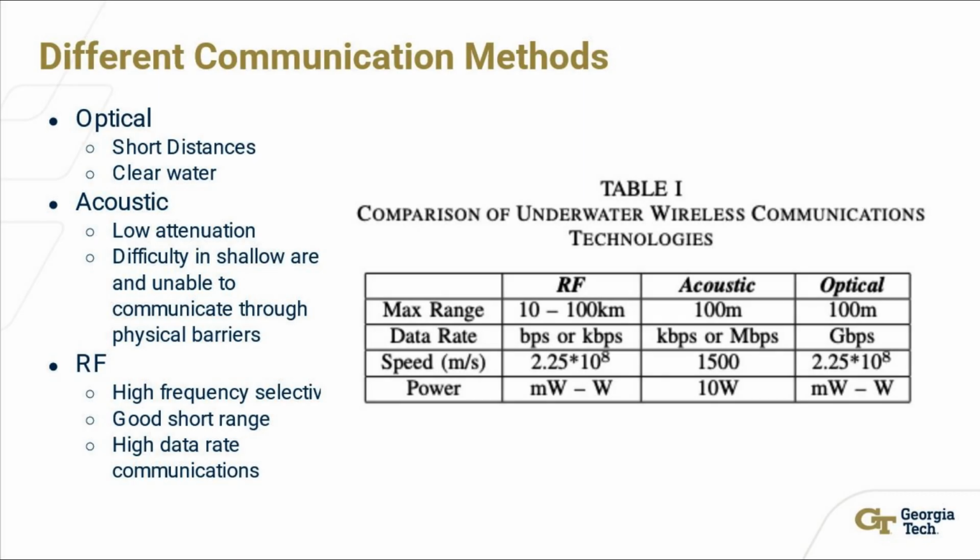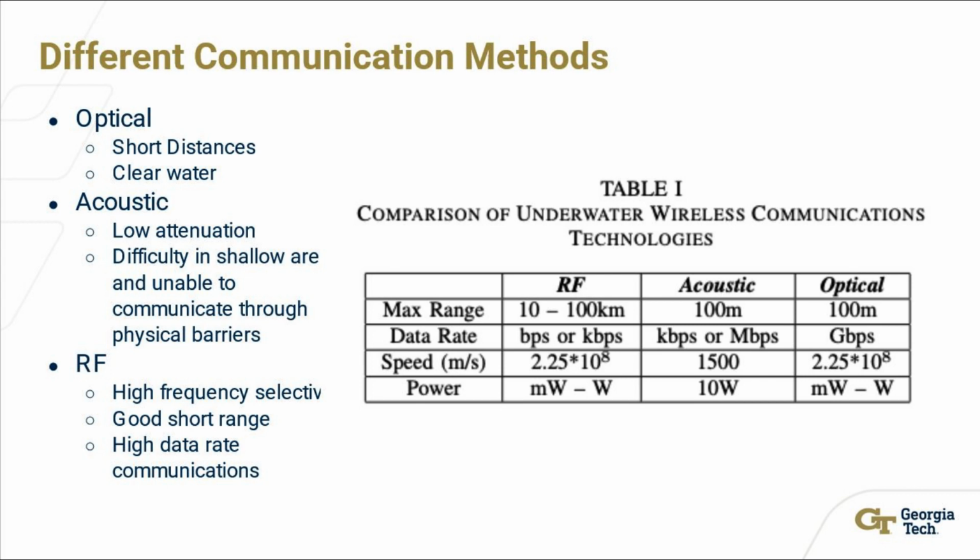So here are the three different types of communication methods. There is optical, acoustic, and RF. Optical is most used in short distances, clear water. Acoustic is used because it has a low attenuation, but it has difficulty in shallow areas and is unable to communicate through physical barriers.